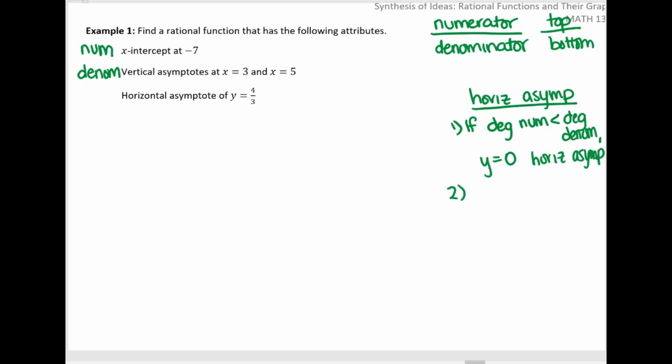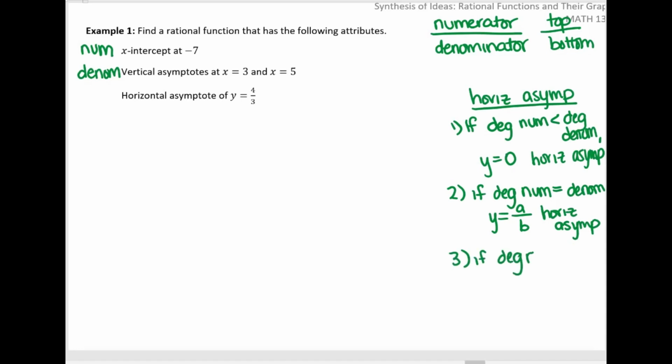Second case was if the degree of the numerator equaled the degree of the denominator, then we had y equal to a over b, the leading coefficients, as our horizontal asymptote. Our final case was if the degree of the numerator was bigger than the degree of the denominator, then we had no horizontal asymptote.